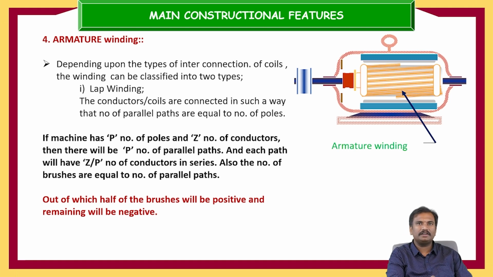If a machine has p number of poles and z number of conductors, then there will be p number of parallel paths, and each path will have z by p number of conductors in series.